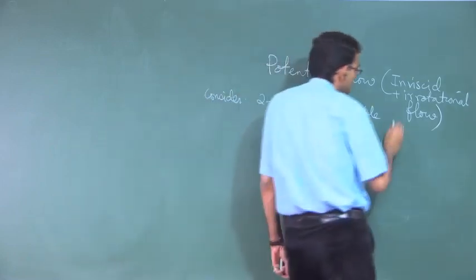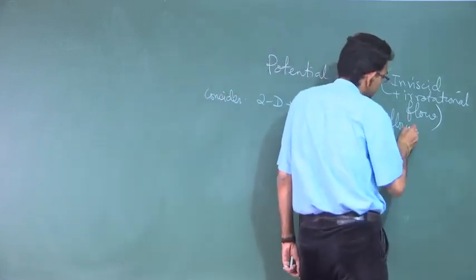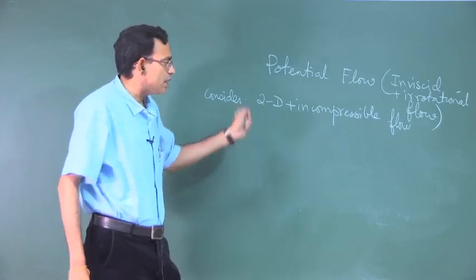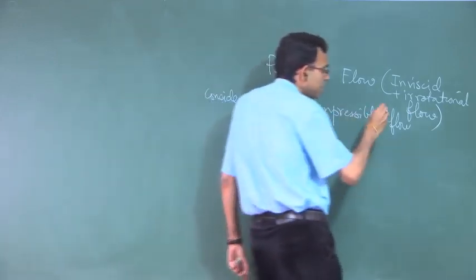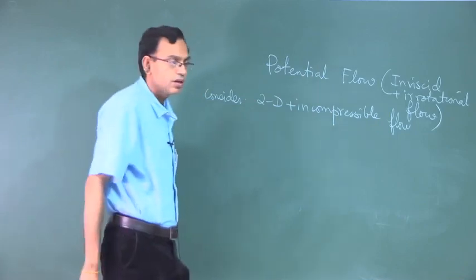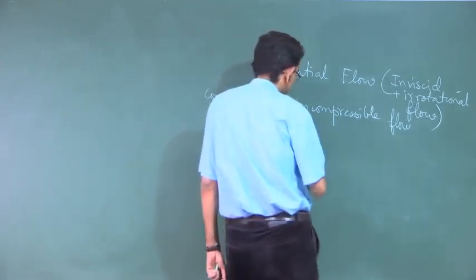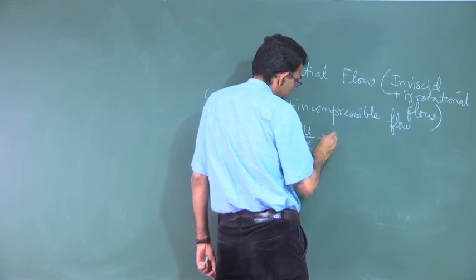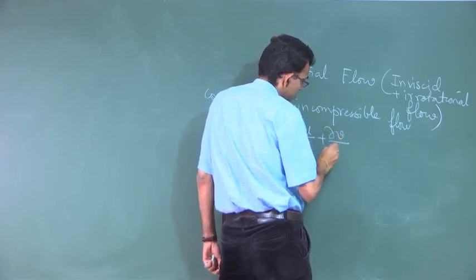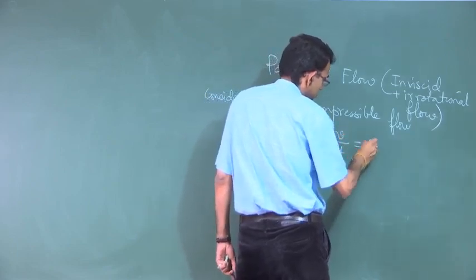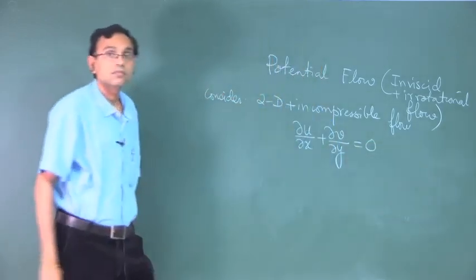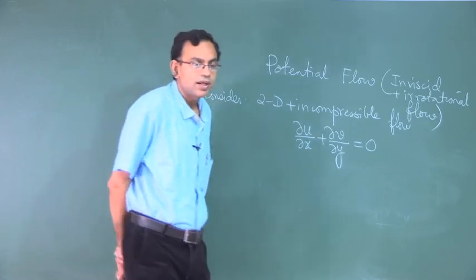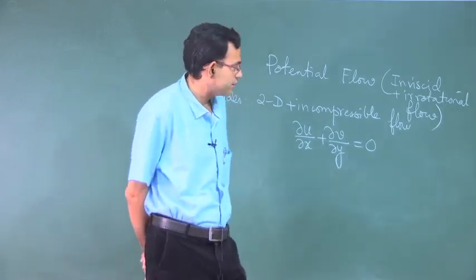Consider two dimensional and incompressible flow. So, the pure kinematic constraint of incompressibility of the flow will tell you that this is equal to 0, where u and v are the velocity components.